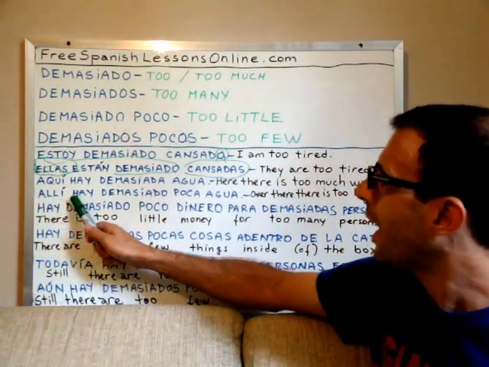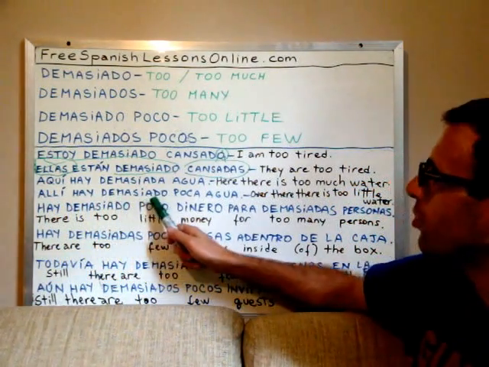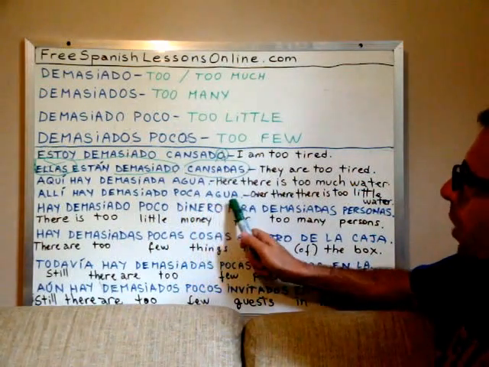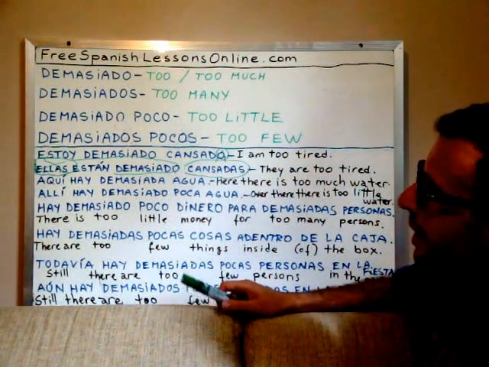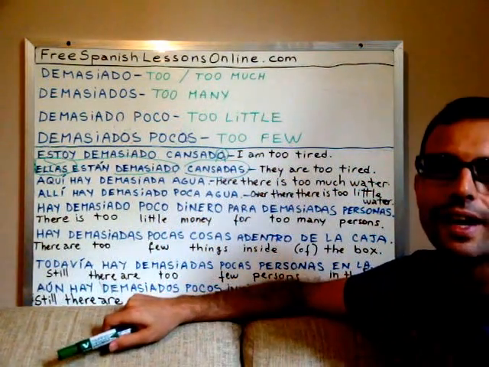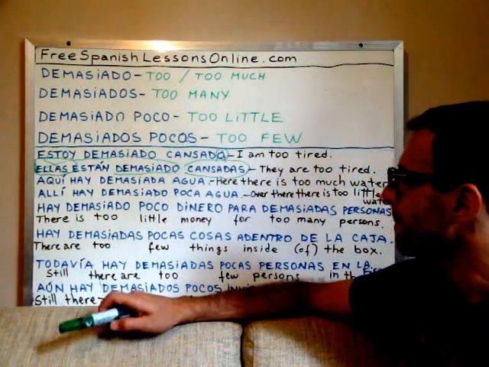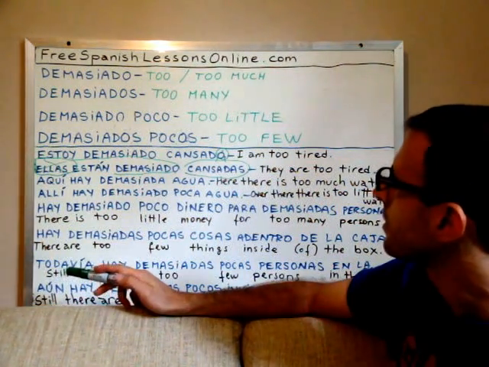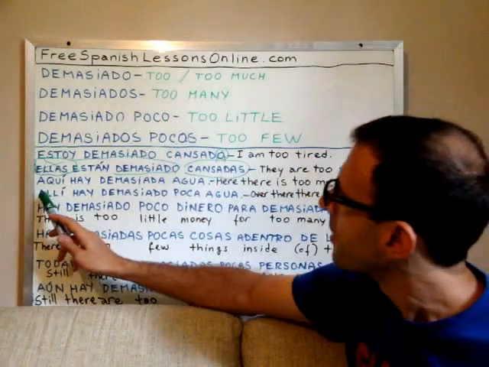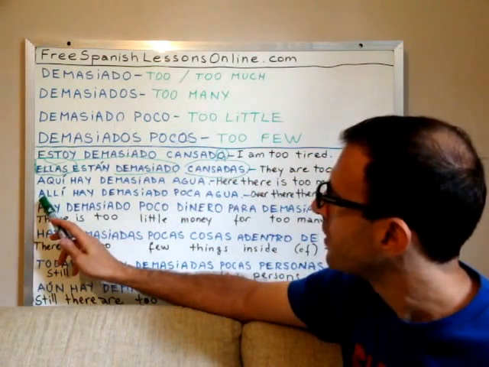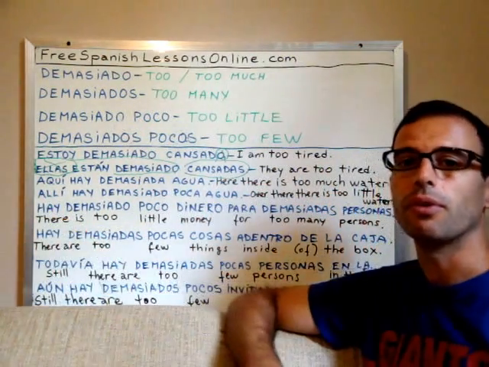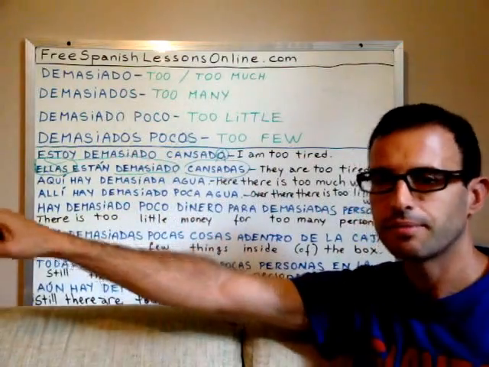Allí hay demasiado poca agua. So this is over there, right? Or there. Allí is there.